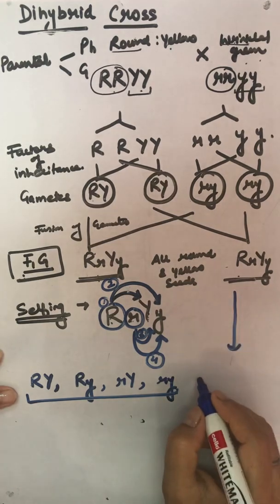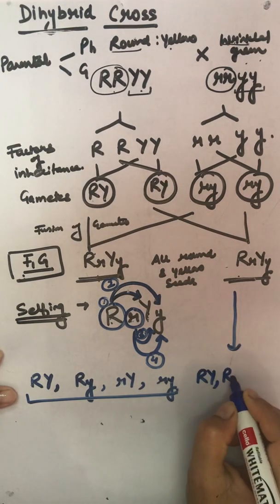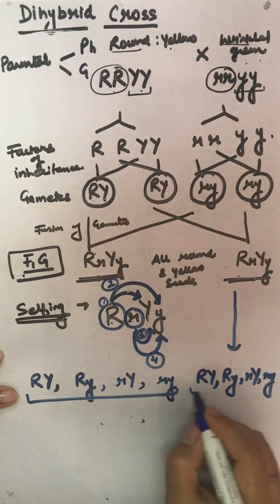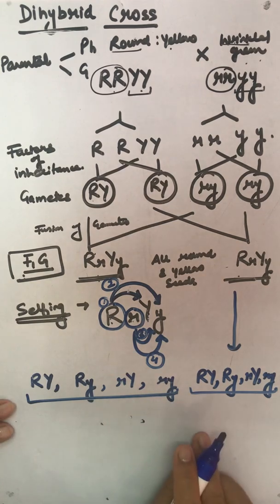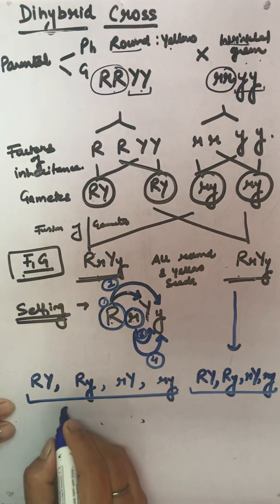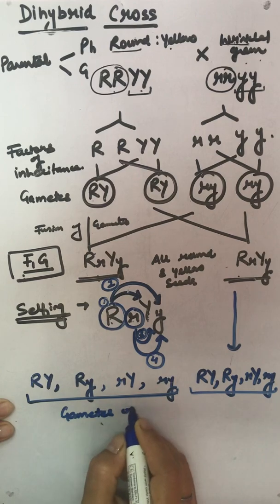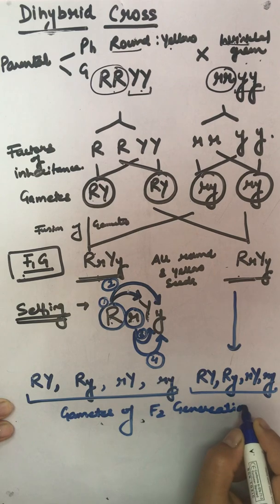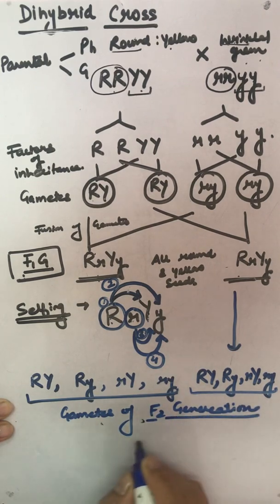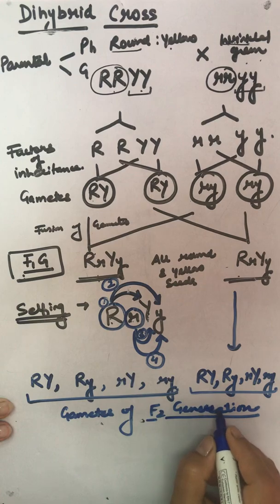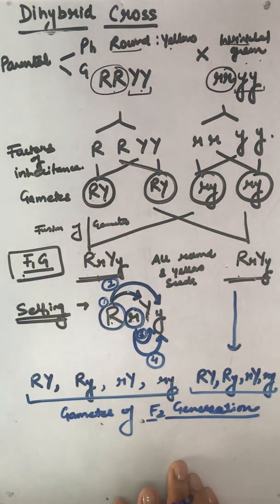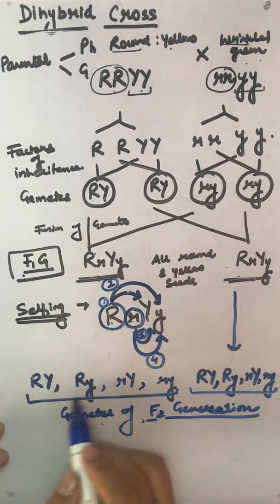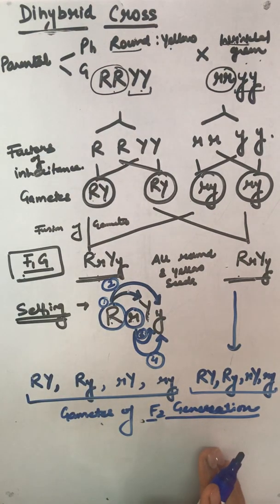Same is the result here: capital R, capital Y, capital R, small r, capital Y and small r, small y. Now these are known as the gametes of the F2 generation. Alright, these are formed after selfing of two different types of contrasting pairs.